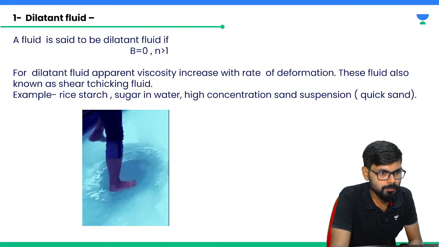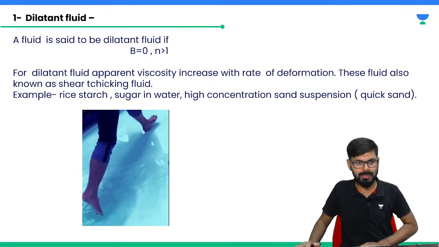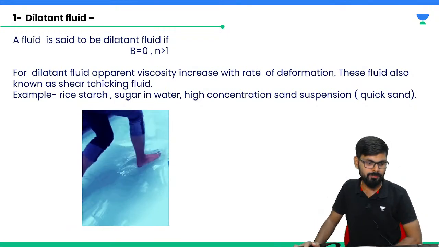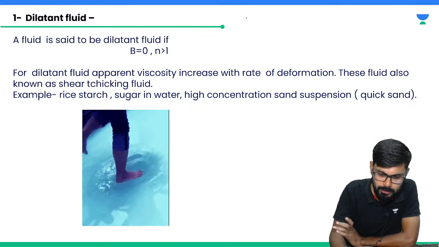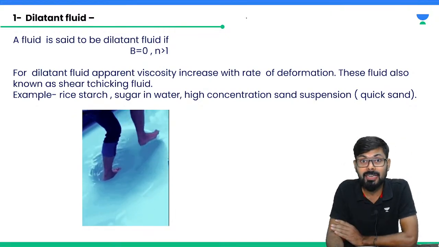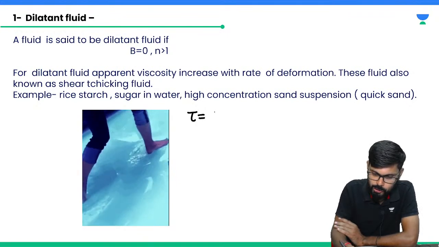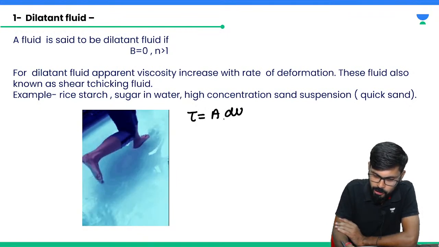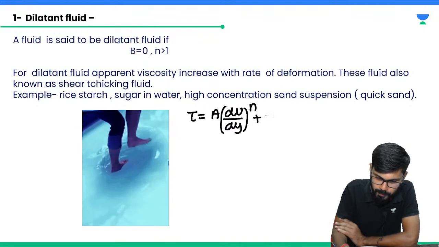Now, very first I am going to talk about dilatant fluid. What is this dilatant fluid? I told you the power law equation: tau is equal to A du by dy to the power n plus b.